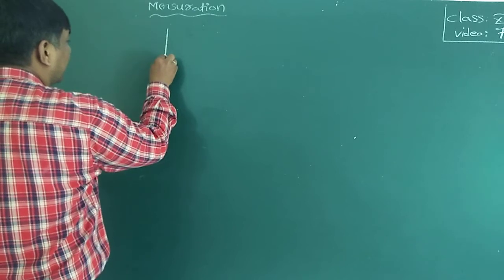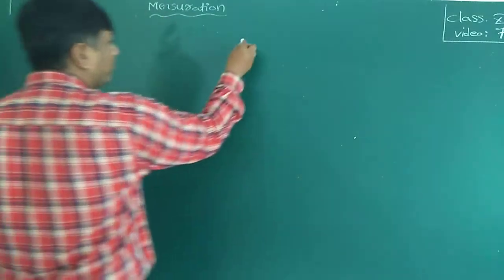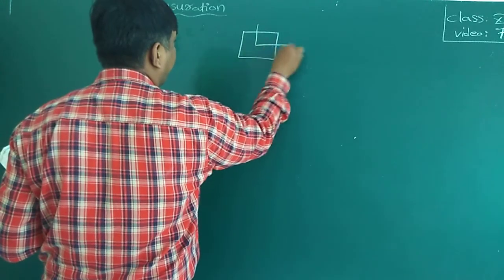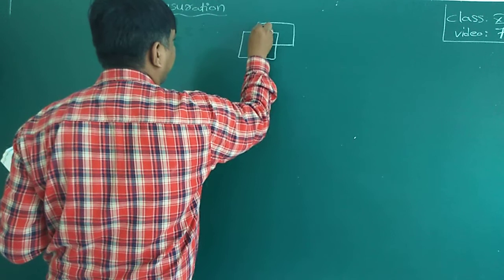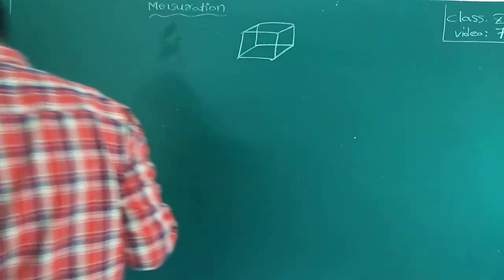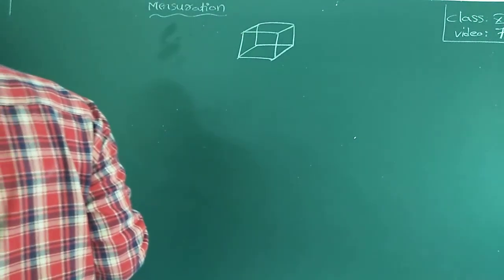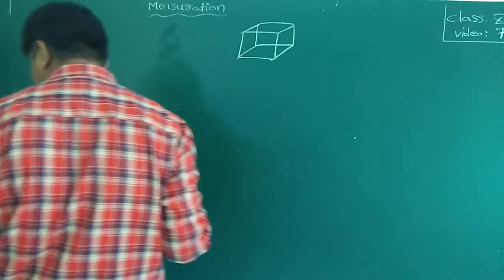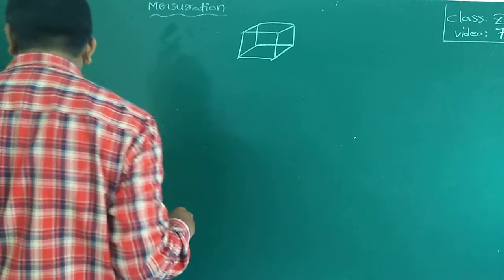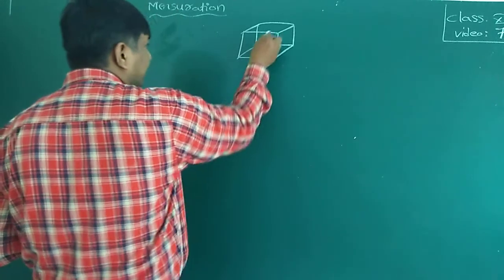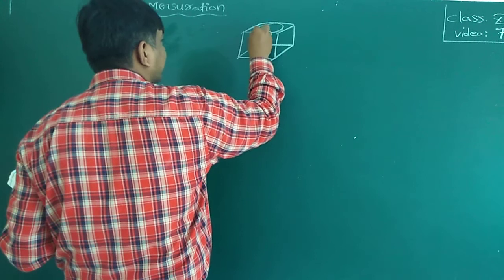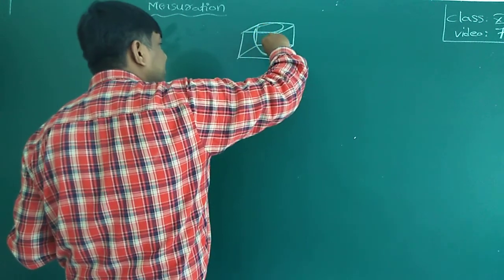This is cubical. A hemisphere is cut out from one face of a cubical wooden block such that the diameter of the hemisphere is equal to the length of the cube. Here there will be one face, and this portion was removed.